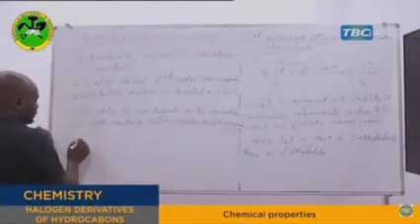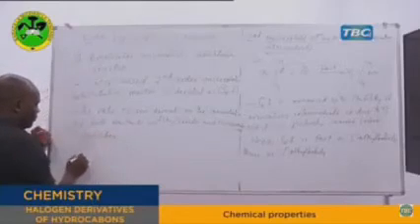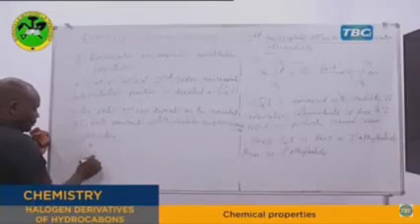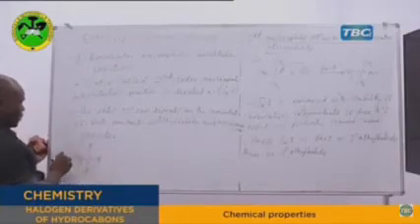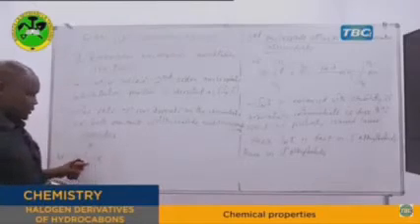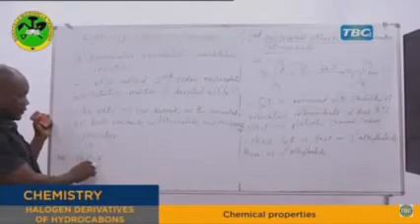Now consider this example whereby you have the nucleophile. So due to weak steric hindrance, the halogen makes the carbon positively polarized, while the halogen becomes negatively polarized.